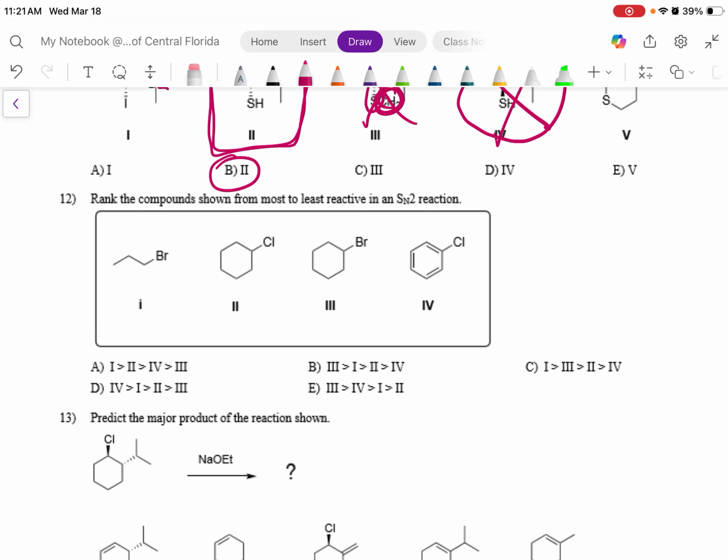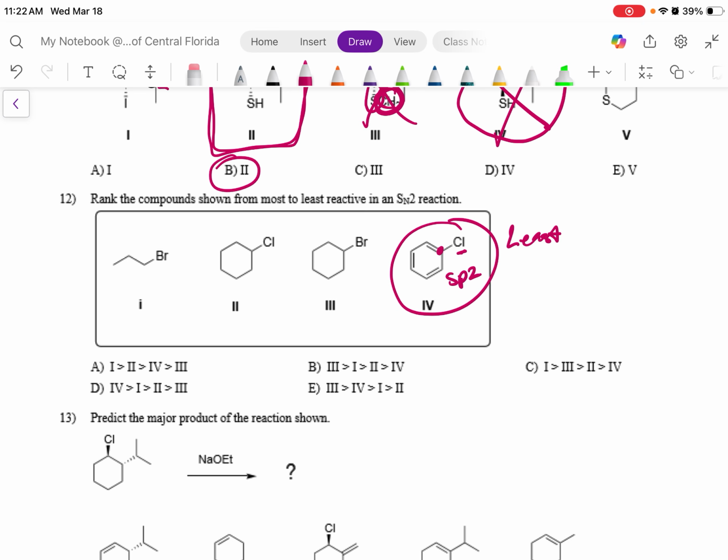And so you can see alkyl halides here with some leaving groups. And we have this chlorobenzene right here, which is not going to do an SN2 reaction at all. Why? Because the halogen is attached to a carbon that is sp2 hybridized. So that's not going to react. So that would be our least reactive.